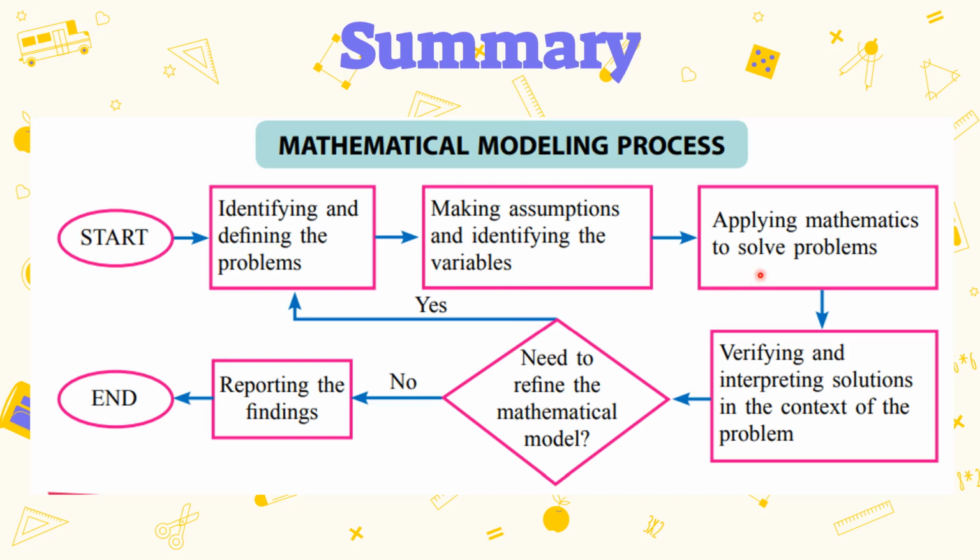The third component is to apply mathematics to solve problems. It may involve linear function, quadratic function, or exponential function. The fourth component, to verify and interpret the solution in the context of the problem. Relate the solution with the real life problem.